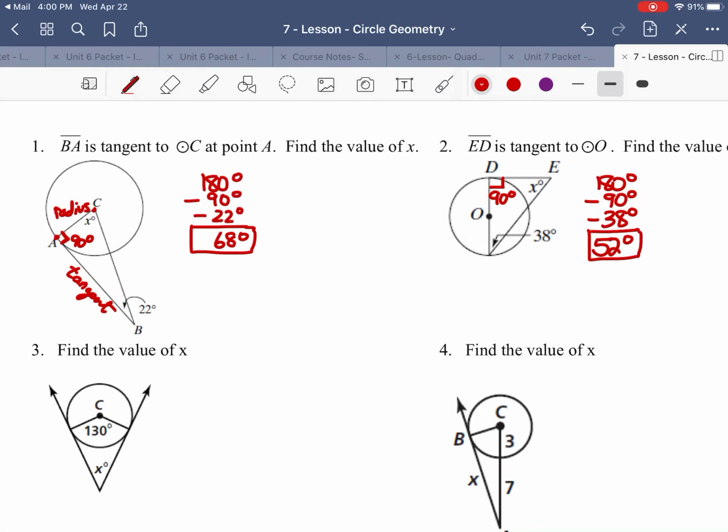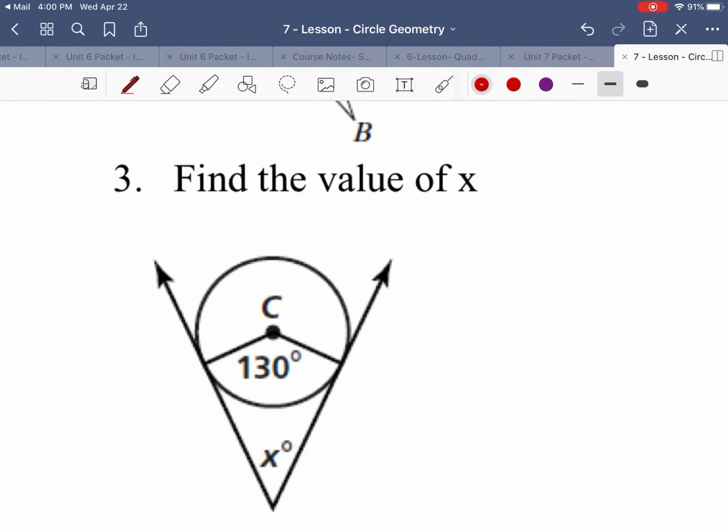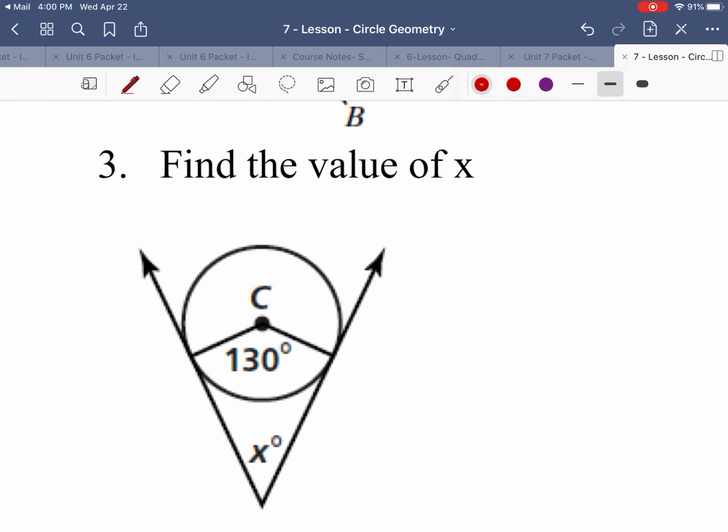Then here, just flat out, find the value of X. Of course, no punctuation, so I'll take that as a typo. We're dealing with a quadrilateral here. We learned about quadrilaterals, but we also know that radii and tangents are going to be perpendicular to one another.